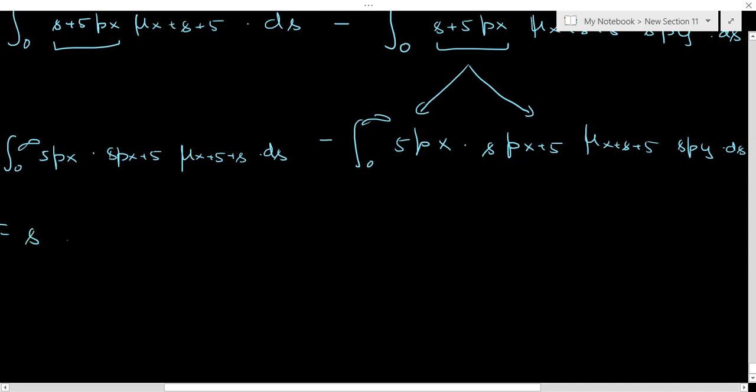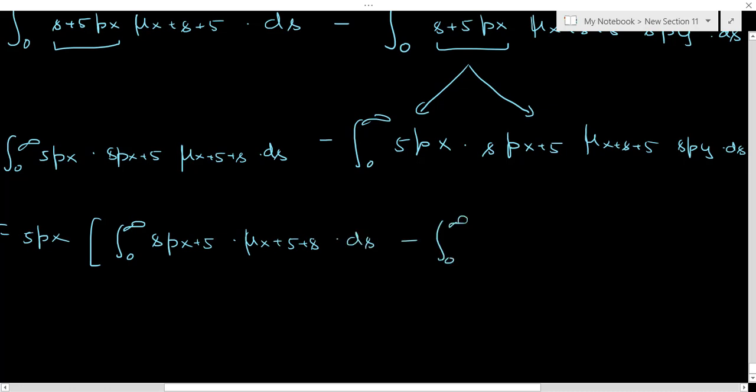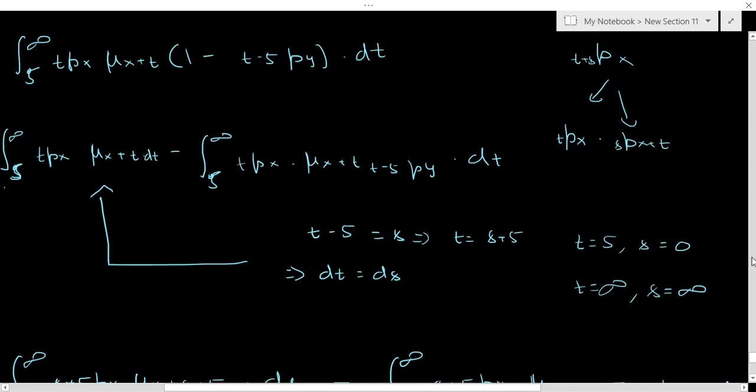The constant is 5px, so 5px is taken out of both of these. This becomes 0 to infinity spx plus 5 mu x plus s plus 5 ds, minus going from 0 to infinity, and this becomes spx plus 5 mu x plus s plus 5 into spy ds.